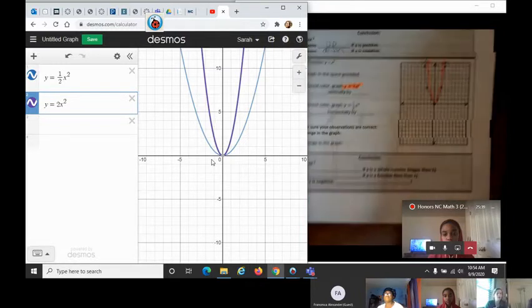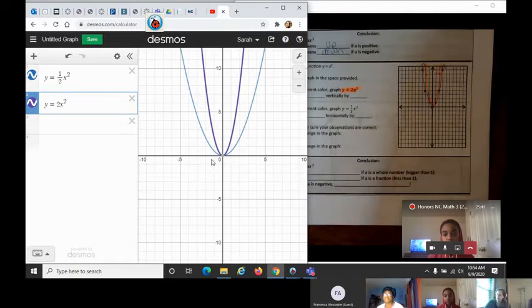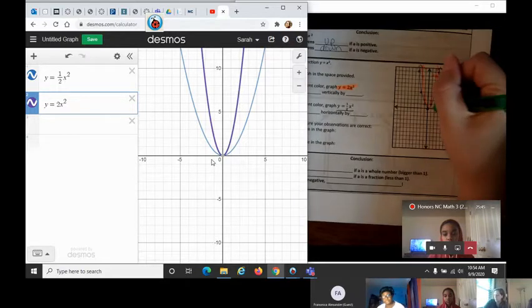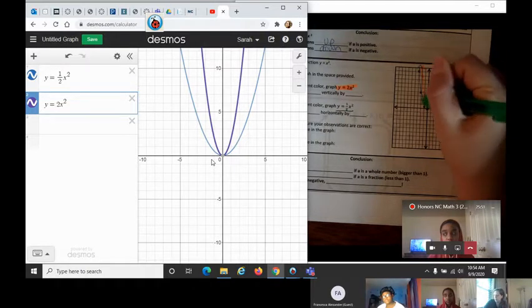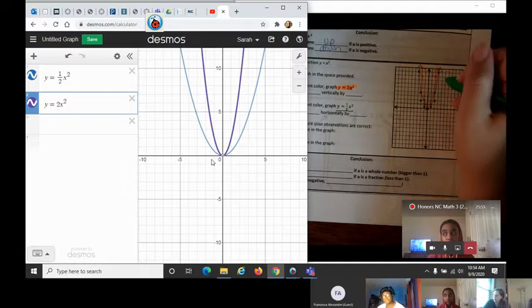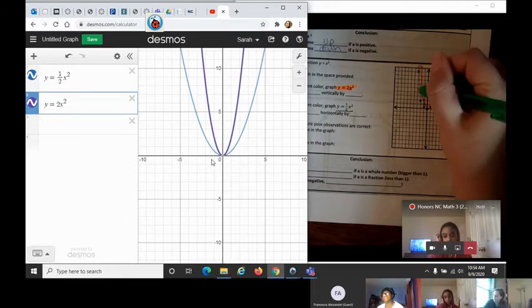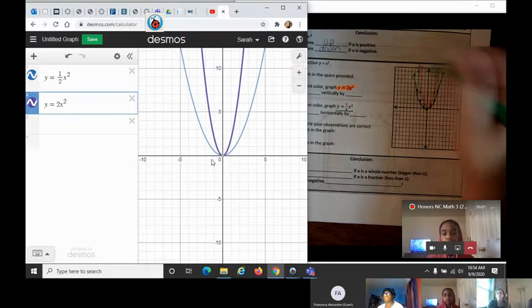Okay, and then the 1/2 is going to be a little fatter because here, instead of 1, I would have 1/2. Instead of 4, I would have 2. Instead of 9, I would have like 4.5. So this one makes a slightly fatter parabola. Okay.